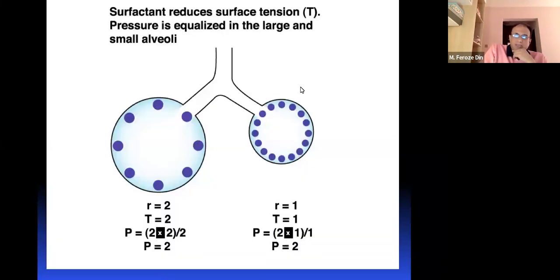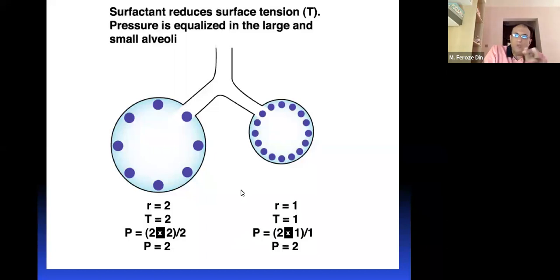What happens in that example that I gave you? So if there's surfactant, you can see that in this alveolus and this smaller alveolus, what will then happen is that the pressure will get equalized. The radius, of course, will still be different, but the surface tension, the T, would be much less, and that would allow the pressures to be the same, so the small alveoli will not empty into the large alveoli.